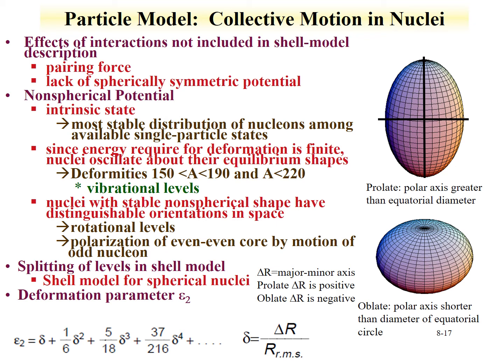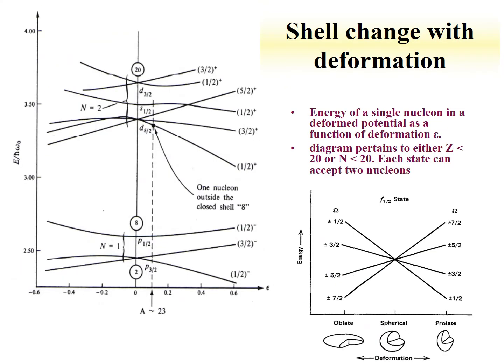So there's a way of evaluating the deformation parameter in terms of the nuclear shapes. This changes the shell model to something that's shown here. This is called a Nilsson diagram. You can think of it as an expansion of the shell model, where at zero deformation we have what we see in the shell model.